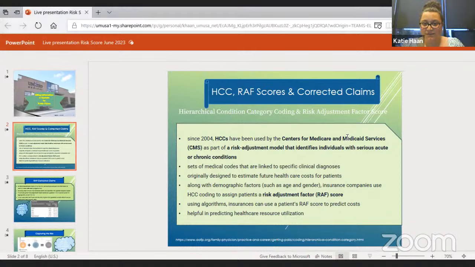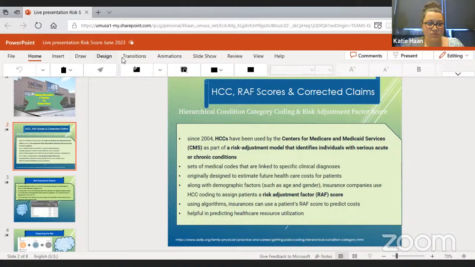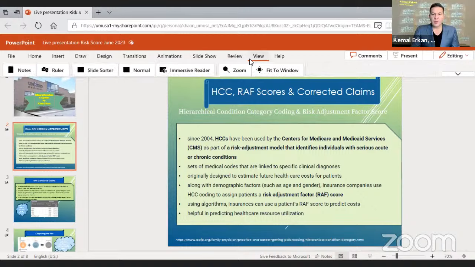Did it stop sharing? Maybe you're not signed in. She has to go to the present mode. Let me see. Is there a present mode rather than slideshow? Go back to the slideshow again.